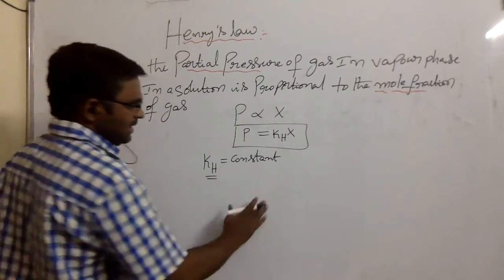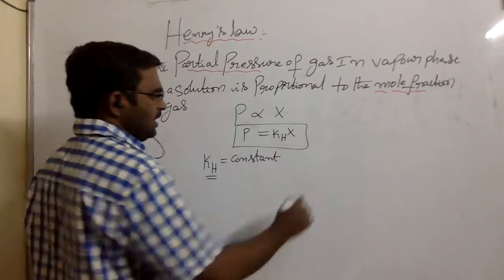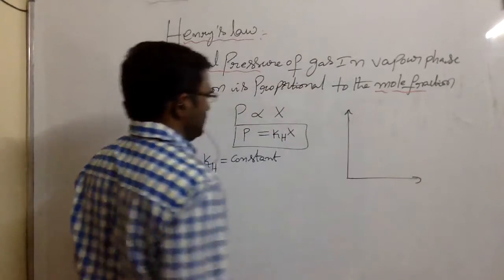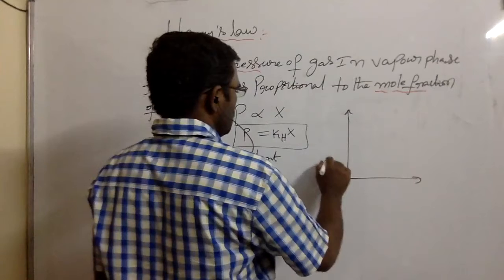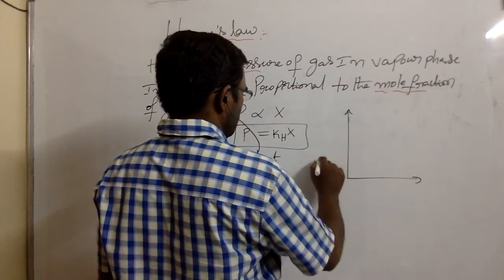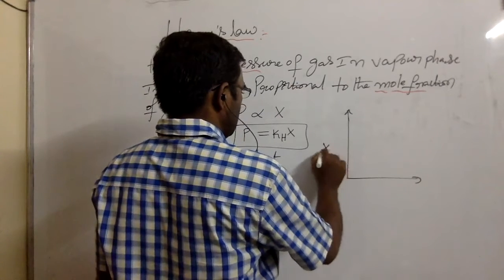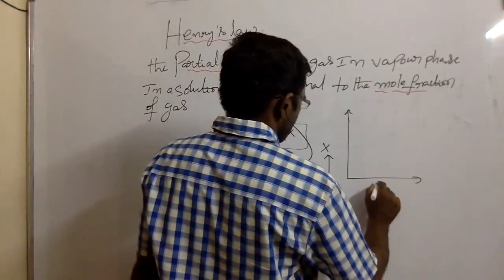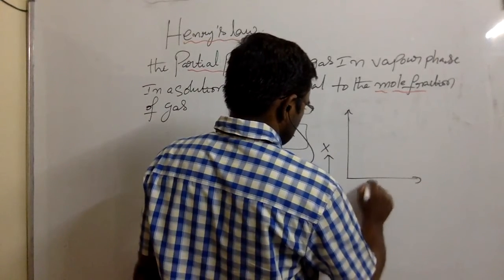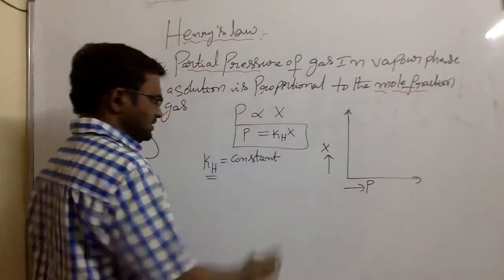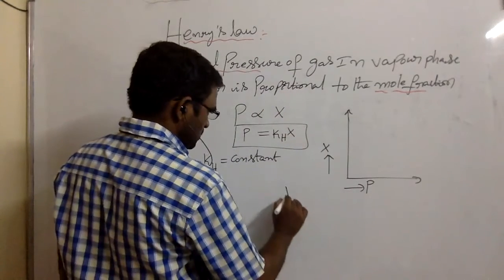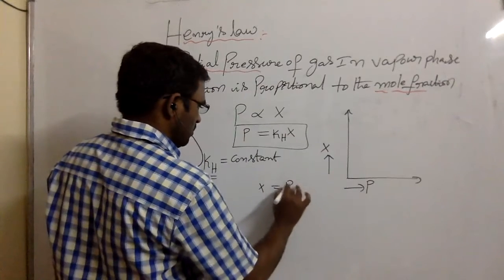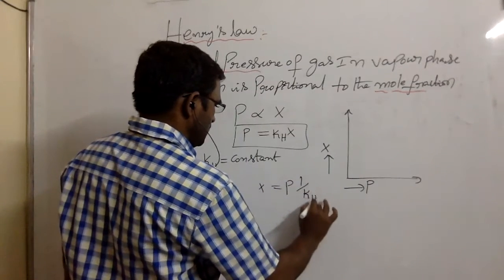See, students, I derive the mathematical relation. Suppose the mole fraction is on the y-axis and the pressure is on the x-axis. The equation changes to x equals P into 1 by Kh.